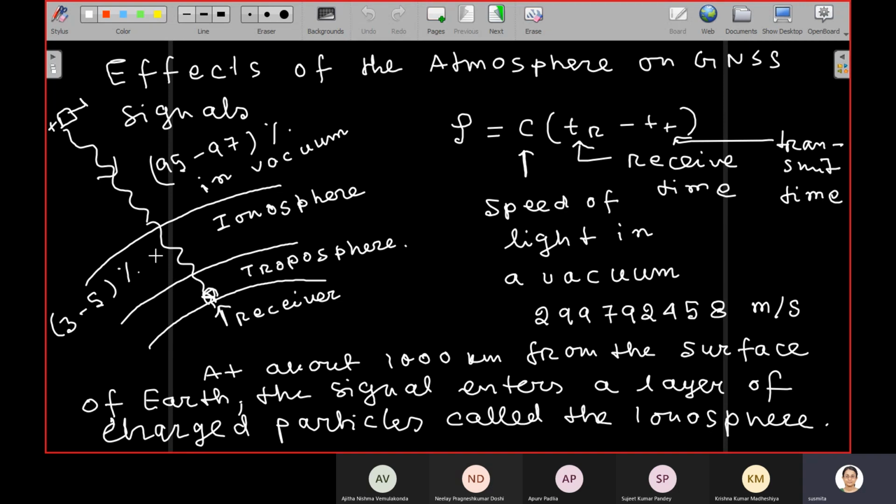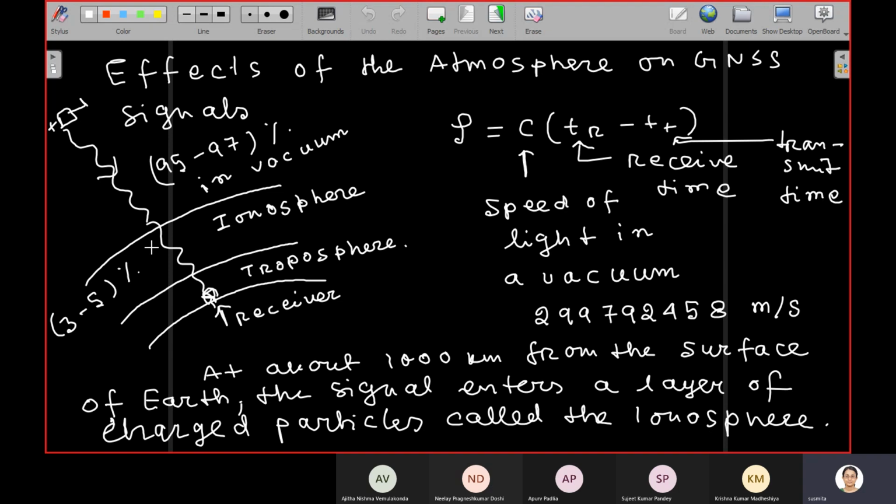It is maximum in the F2 sublayer, around 250 to 400 kilometers. In that region, generally the electron density is maximum.